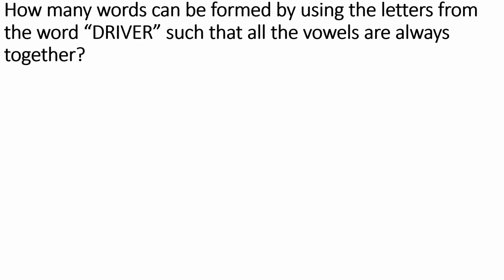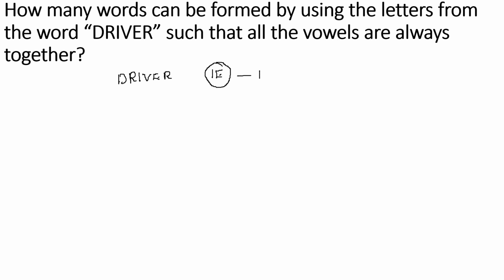How many words can be formed by using the letters from the word driver such that all the vowels are always together? So here in this word driver, we have two vowels, I and E. Since we have to keep all the two vowels together, we have to consider these two vowels as one.